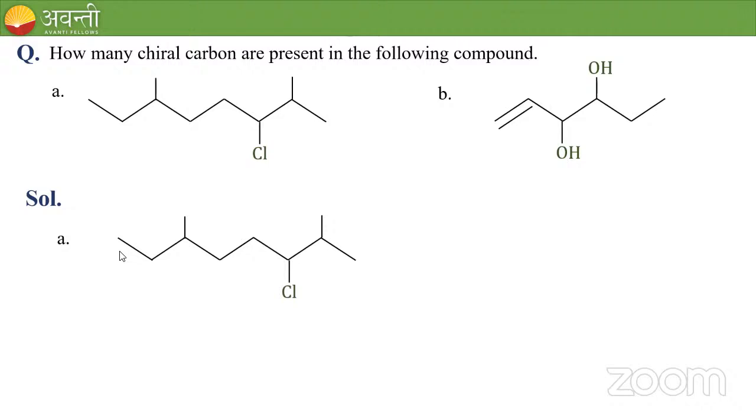You should not count the carbon atoms which are on the straight chain. I am not asking you the number of carbon atoms in the parent chain. I am asking you to find out the chiral carbons. Isharat is saying 3. Is 3 the correct answer?